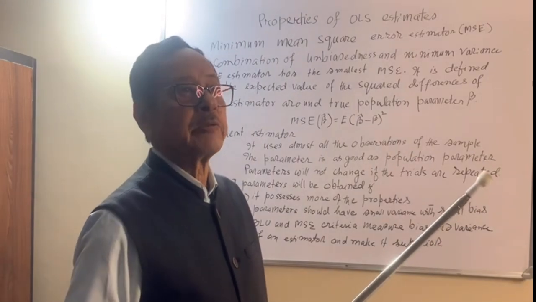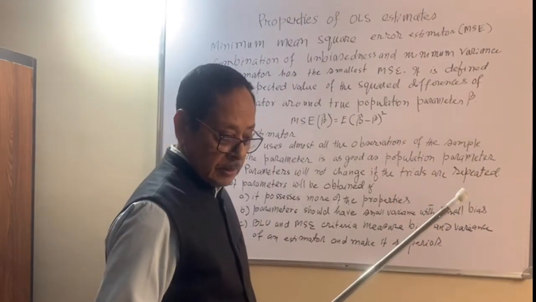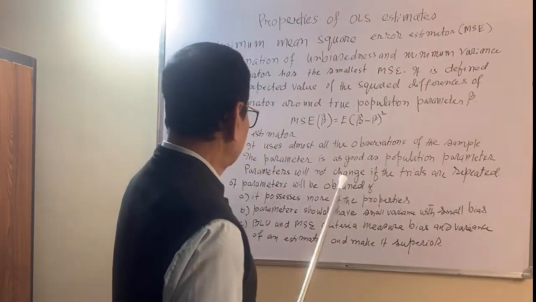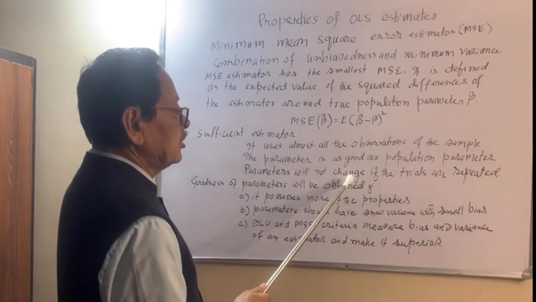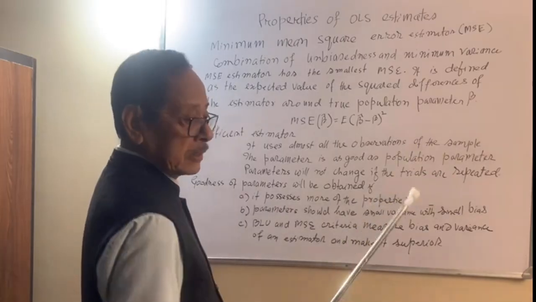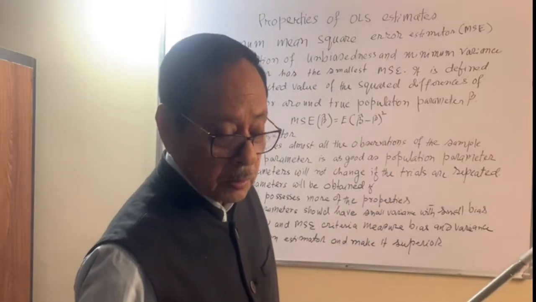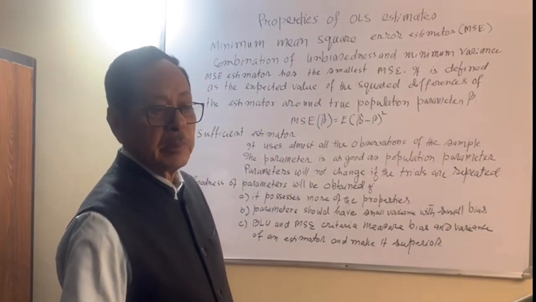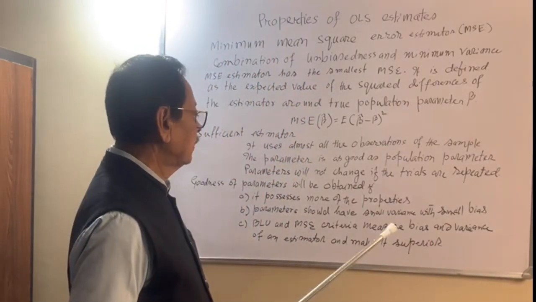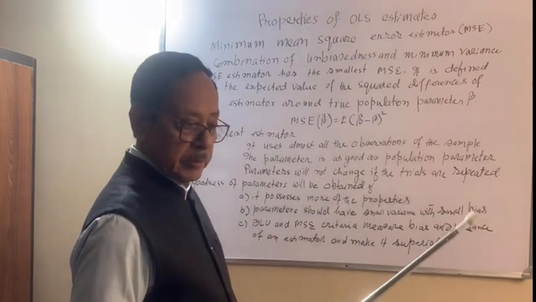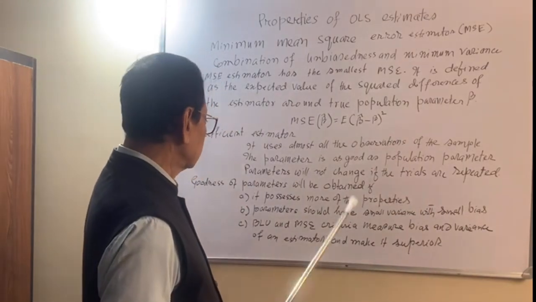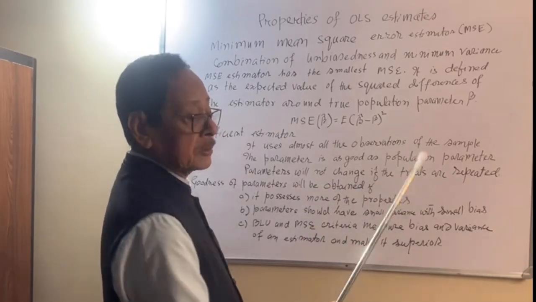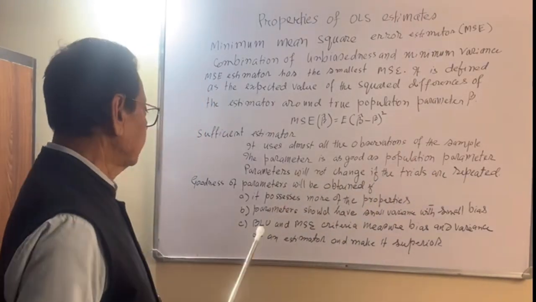There is not much difference; no information is left for others. Also, the parameters will not change if the trials are repeated, that is, repeated with different sets of samples.